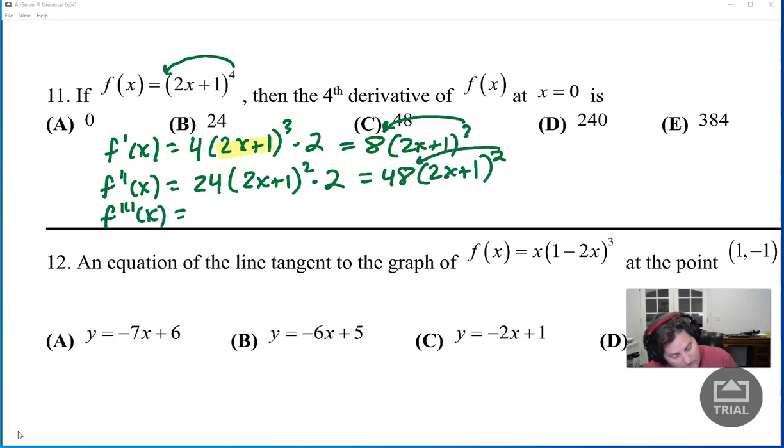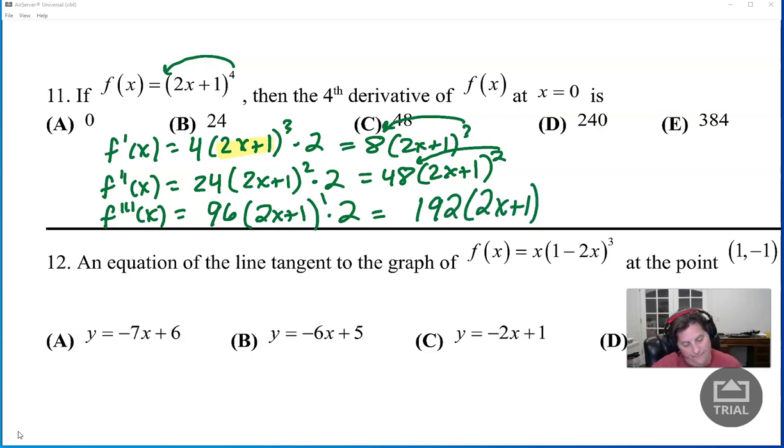Bring that down. Okay, oh gosh, 48 times 2, 96 times 2x plus 1 to the first times 2. Okay, so another way to write that, 96 times 2, you guys. It's basically 180 and 12, it's like 192.